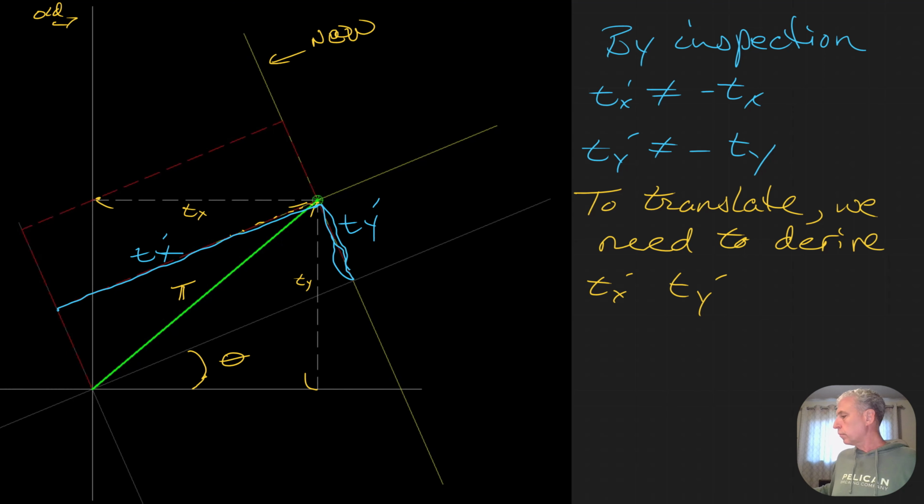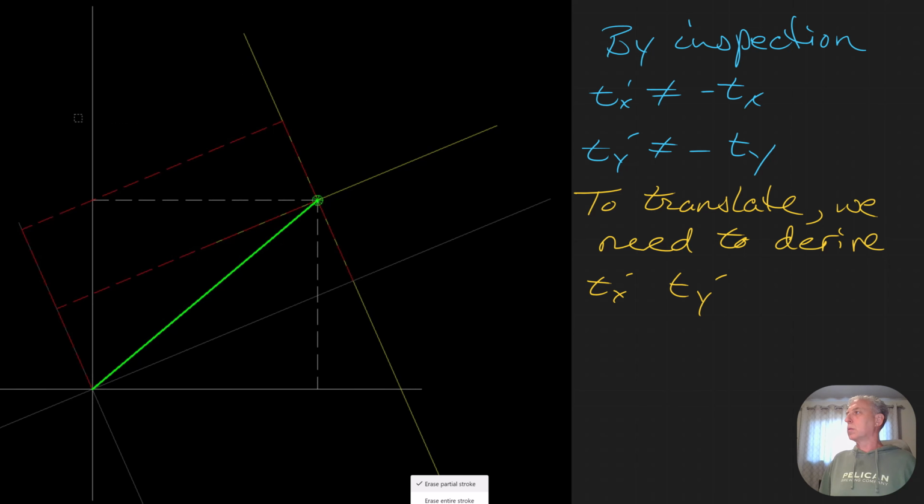Okay, I'm going to erase this because I'm going to approach this drawing a little bit differently. Now, this red line up here is going to be the same distance as our tx prime, right? So from here to here, that's tx prime.